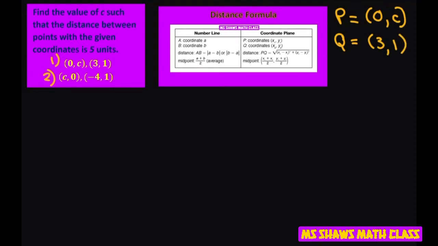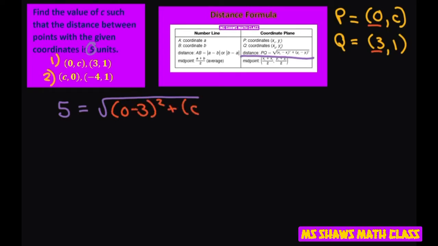So I'm going to write my distance formula here. My PQ distance is 5, so 5 equals the square root. We can just take our x's first, so this is going to be 0 minus 3 squared, plus (c minus 1) squared.